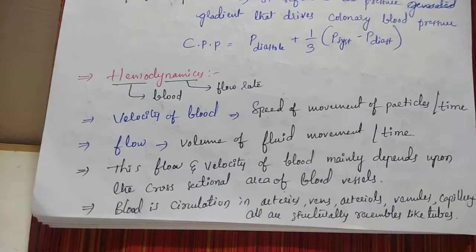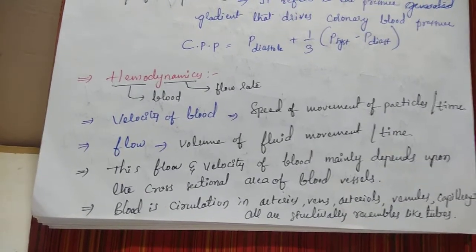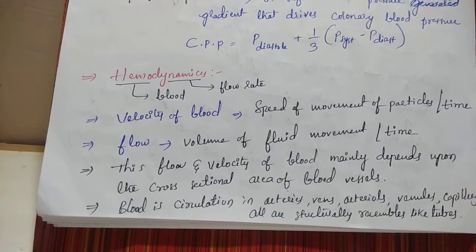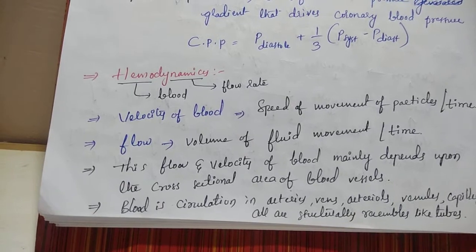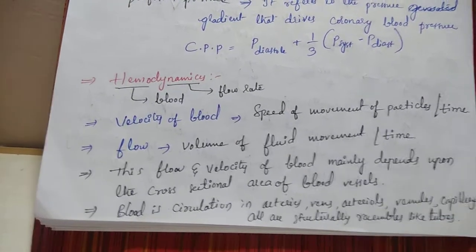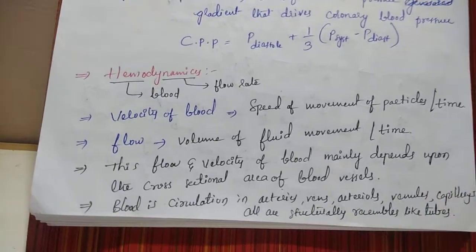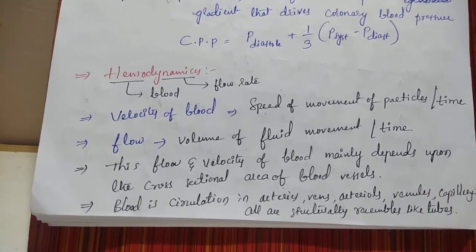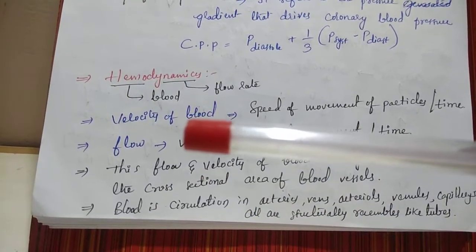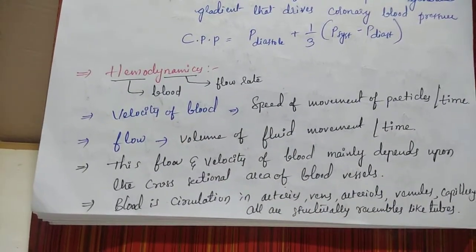What is meant by cross sectional area, we'll come to know. Blood is mainly circulating in the arteries, veins, venules, arterioles and capillaries. These are all called blood vessels. When we take a blood vessel into our hand, it looks like a tube.